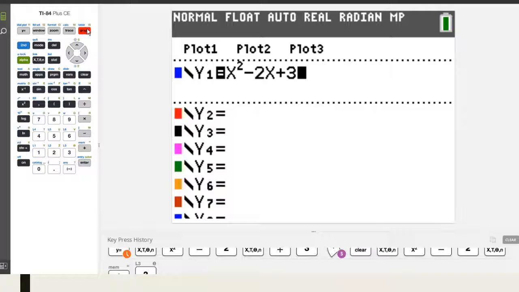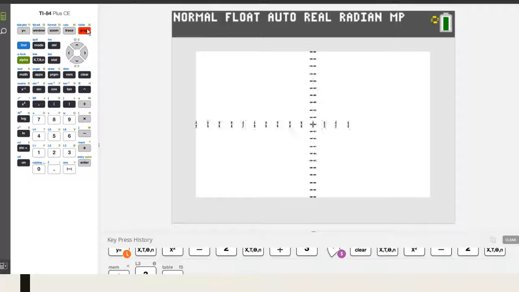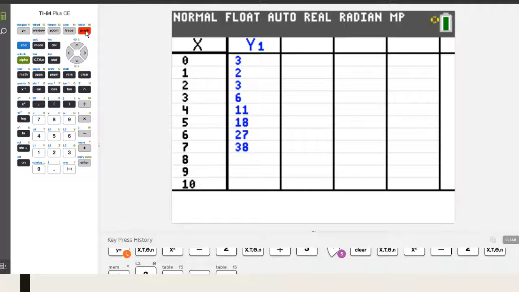Looking at the graph, we'll find out that the vertex for the parabola that belongs to this graph is, looking here, (1, 2). Just to make sure, I can check using the table of values to look at the values of the rainbow and check the vertex in the middle.